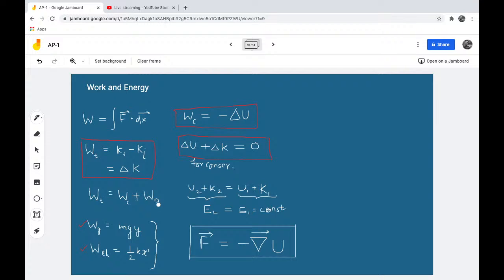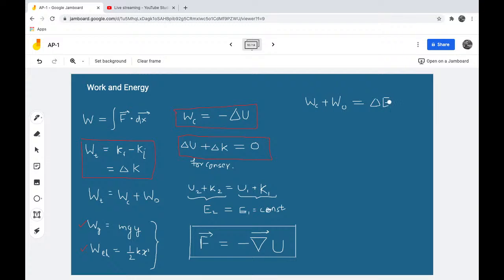So if there are other forces also doing work, then work done by conservative forces plus work done by other forces, which may be dissipative, non-dissipative, etc., I will simply write O. Total work done will lead to the change in the total mechanical energy.